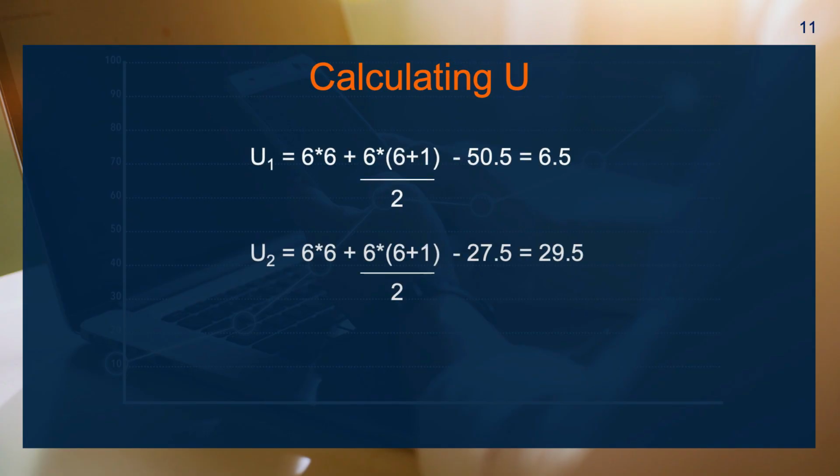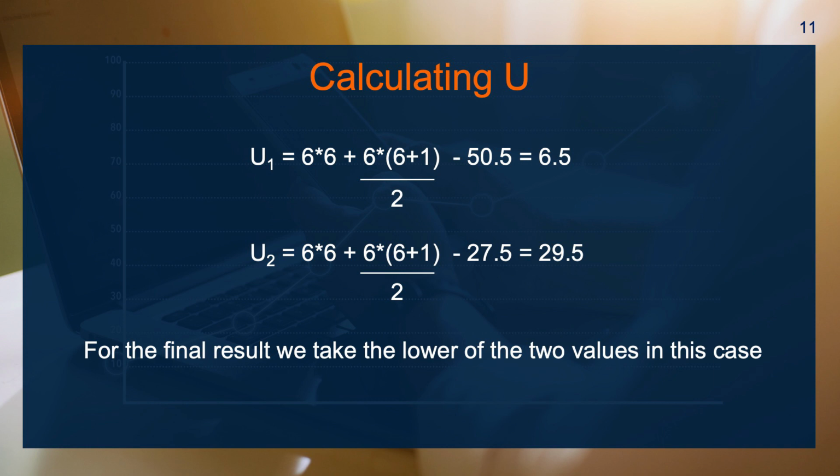Now if we put our own data into that, we can see that we come out with, for U1, that's the daily watering, a value of 6.5, and U2 a value of 29.5. We then take the lowest of those two values for the final result.